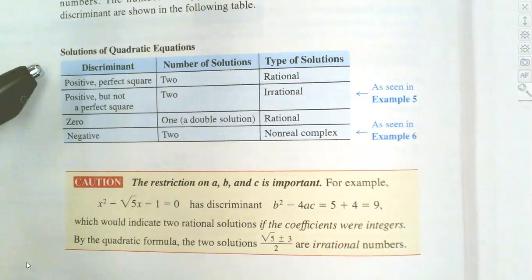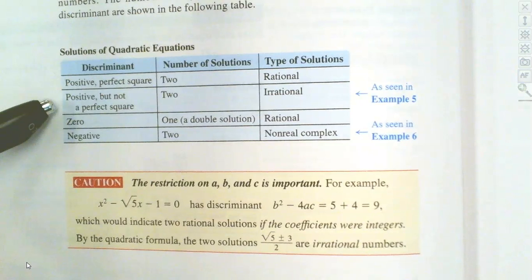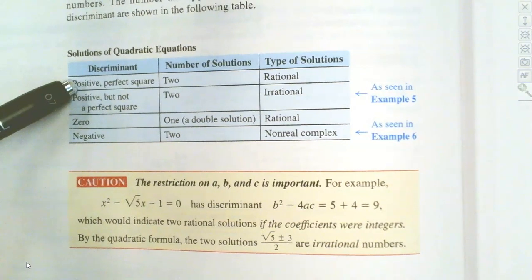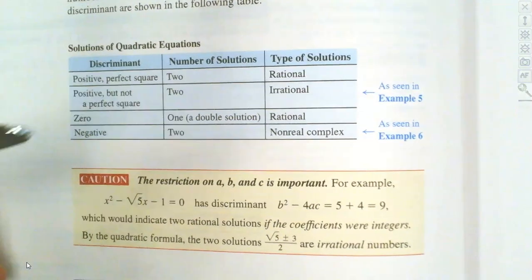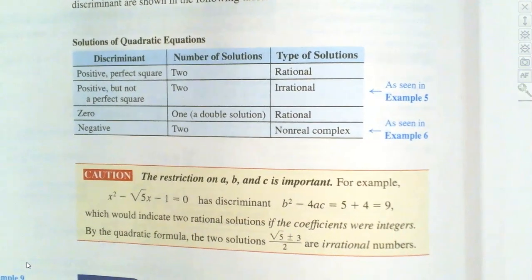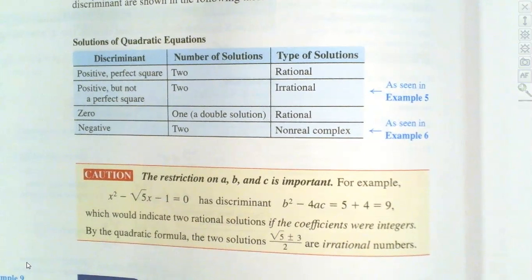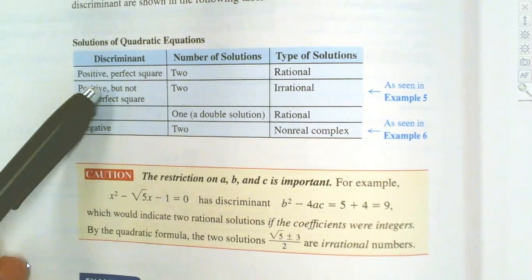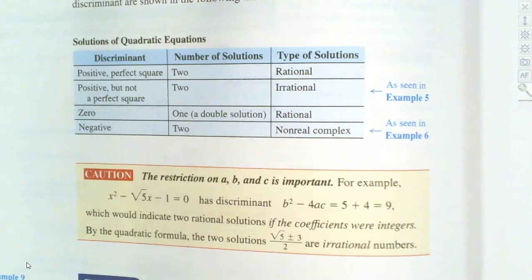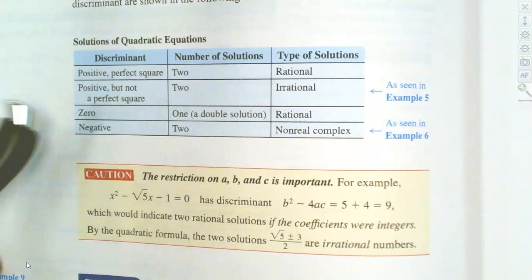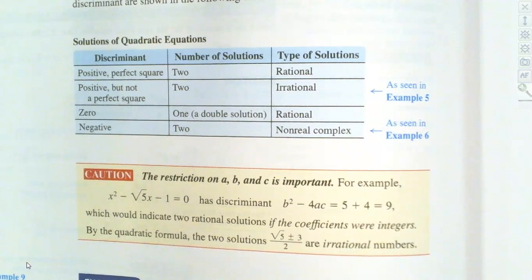So first off, we'll look at our discriminant. And we've got three choices, or actually four. It can be a positive number and a perfect square. What do I mean by a perfect square? Like 49, 16, 25. Those are perfect squares. It can be positive, but not a perfect square. It can be 0, and it can be negative.